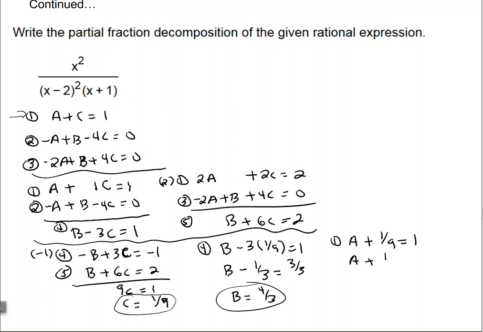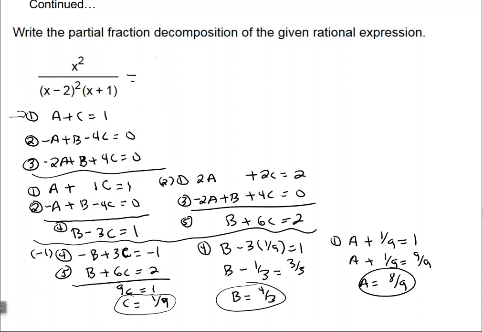Or A plus 1/9 equals 9/9, getting a common denominator there. Subtract 1/9 from both sides. All right, we should be able to write our answer now. So we had C equals 1/9, B equals 4/3, and A equals 8/9.